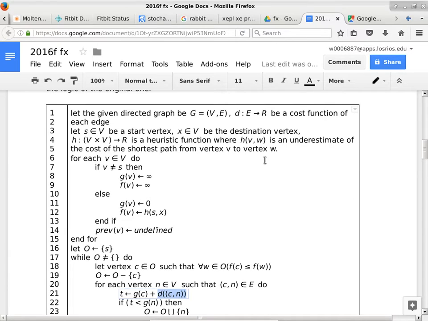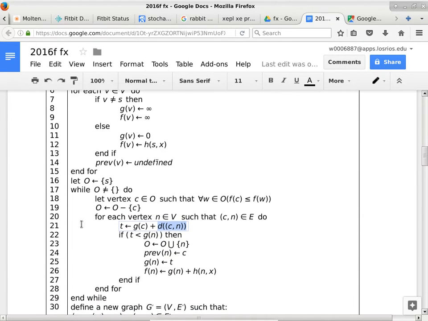For each iteration, it will do only one computation. We are figuring out the cost of a particular path. Is it going to be the shortest? We don't know at this point. It may be the shortest, may not be, but that's okay. It is the cost of a path.